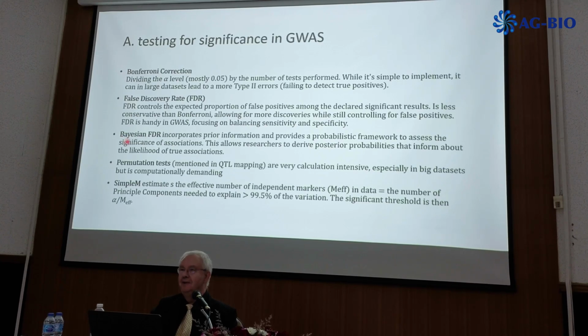It's a bit complicated, but statisticians really love it more and more. It's getting more and more into a wide field of computations. Anyway, this is a new way of testing the significance. I mentioned the permutation test. That is very calculation intensive, but I think it's more reliable than the Bonferroni. And very recently, I found also the simple M test, which estimates the effective number of independent markers.